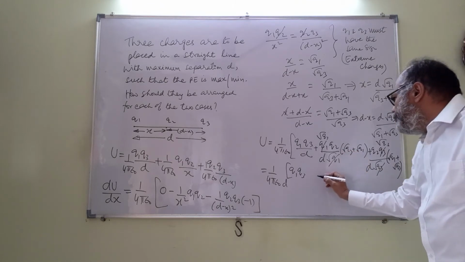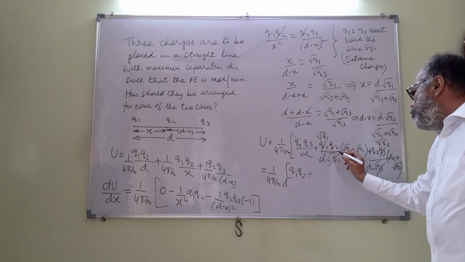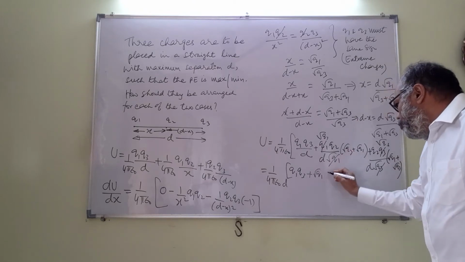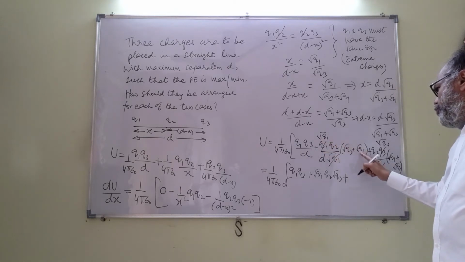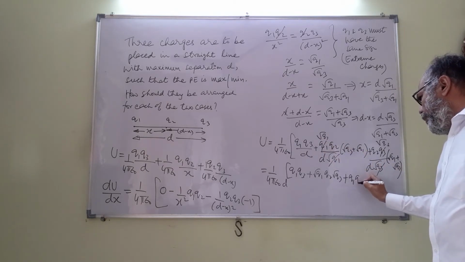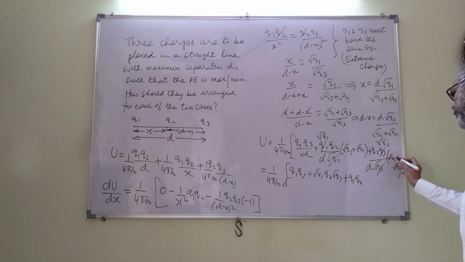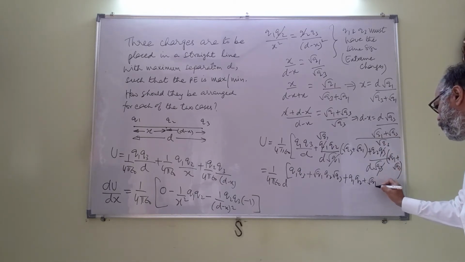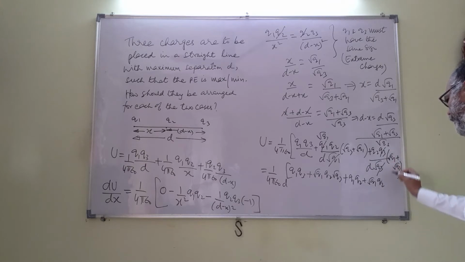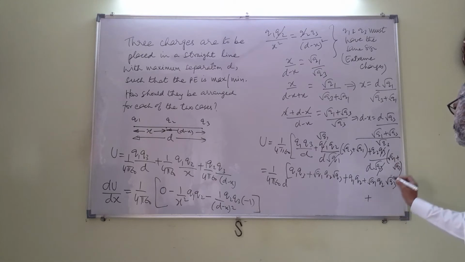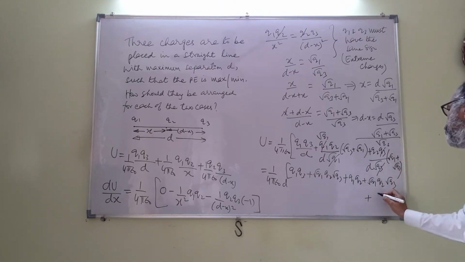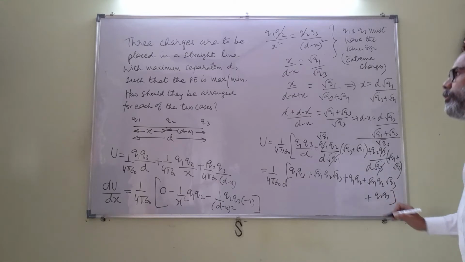This will be plus root Q1 Q2 root Q3 plus root Q1, and root Q1 times root Q1 is Q1, giving Q1 Q2. Here you will have root Q1 Q2 and root Q3, and you multiply this here, you get Q2 Q3.